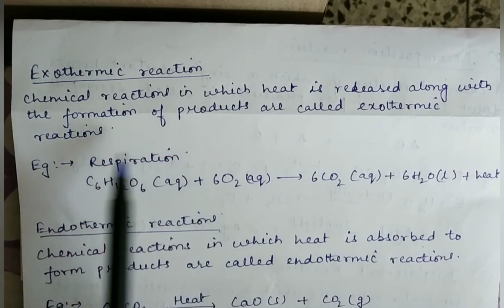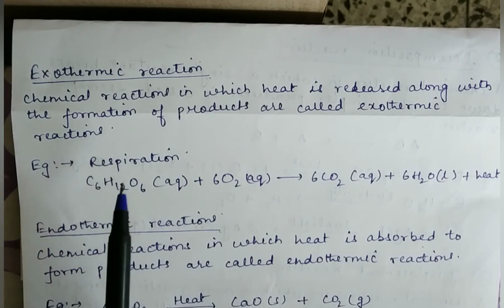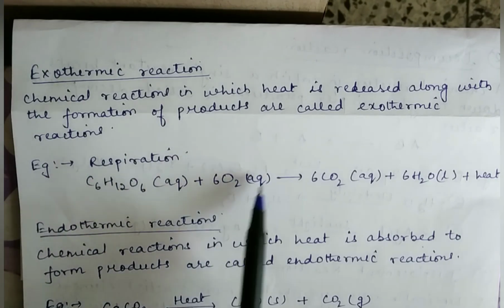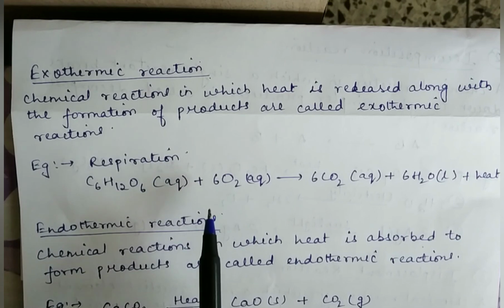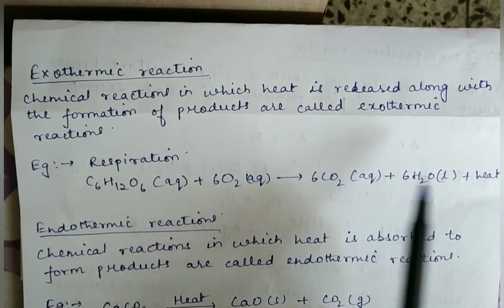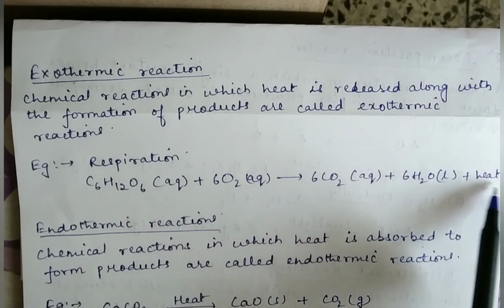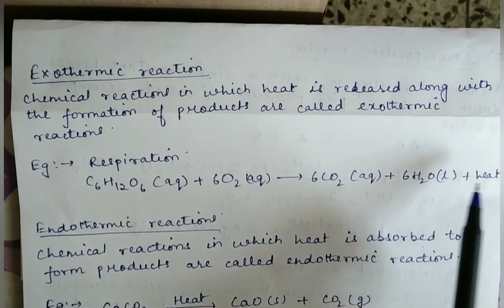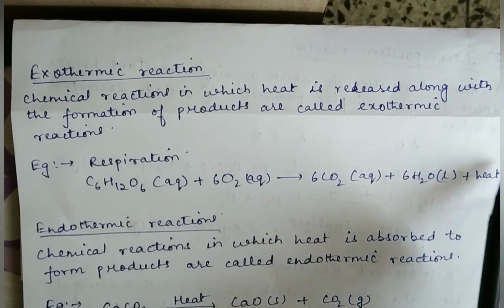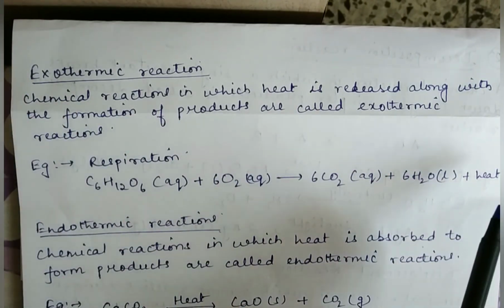In the cells, the glucose molecule reacts with oxygen, and as a result we get two products, carbon dioxide and water, along with evolution of a large amount of heat. So since it produces a large amount of heat, this is known as an exothermic reaction.